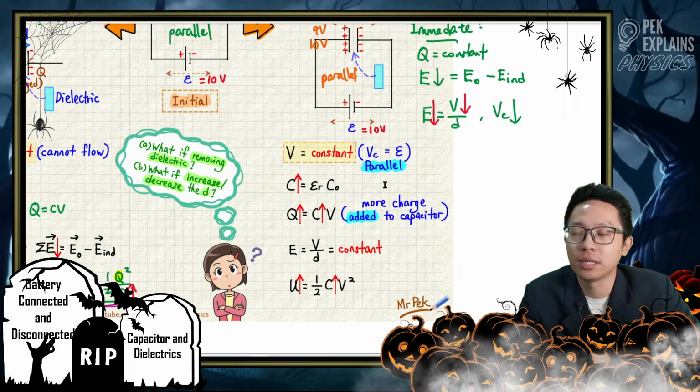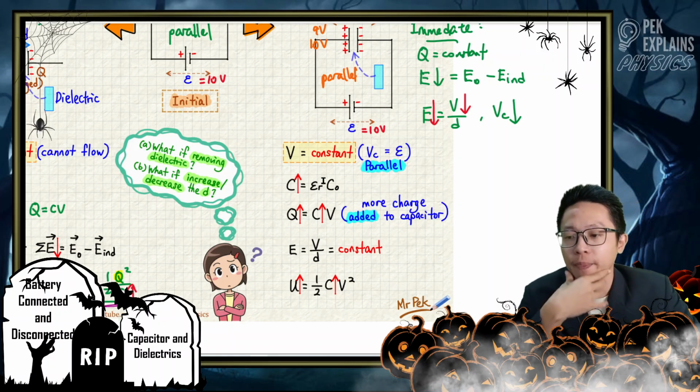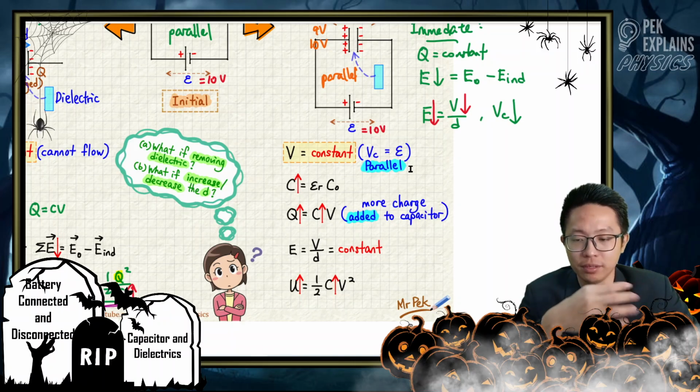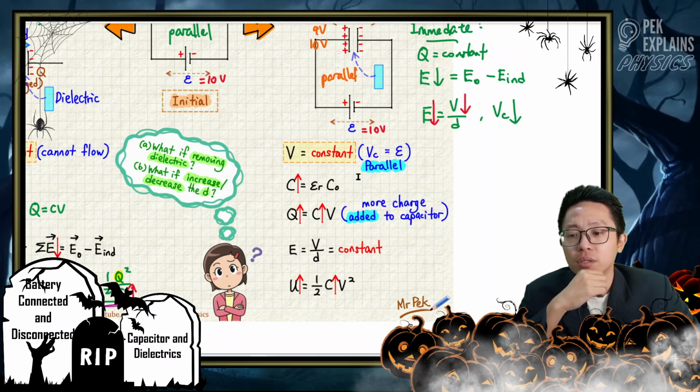In the long run, or say finally, the voltage of the capacitor goes back up to the EMF, so the voltage is considered to be constant. It means the voltage of the capacitor goes back up to the EMF because the battery remains connected in parallel to the capacitor. So the voltage is considered to be constant.